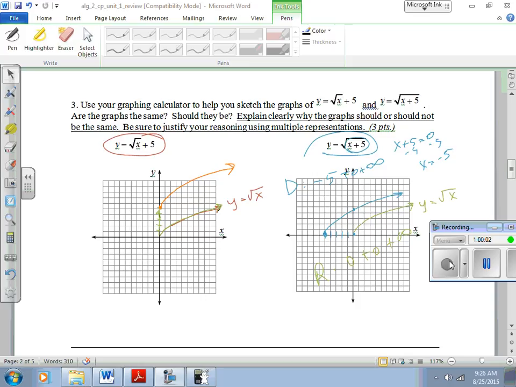Okay? Then it says, explain clearly why the graphs should or should not be the same. Be sure to justify your reasoning using multiple representations. So this is where your thinking has to be translated into a sentence. Let's scroll down.